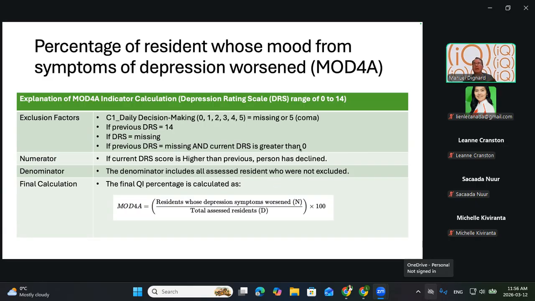So if anything's missing, again, we can't calculate it. If your previous depression rating scale was 14, which is as high as it goes, you can't get much worse than a 14. So if you were already a 14, we're not going to look at you.